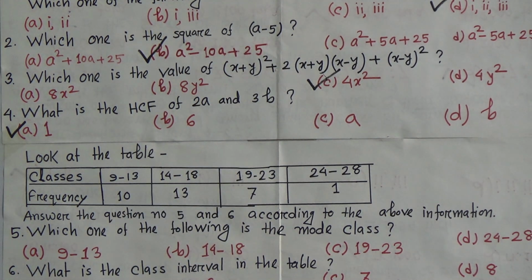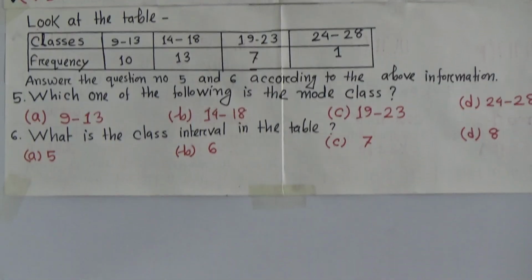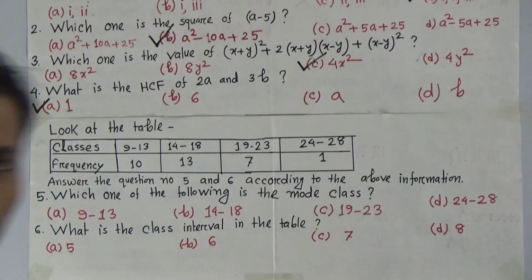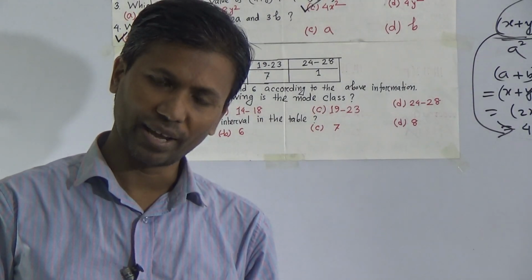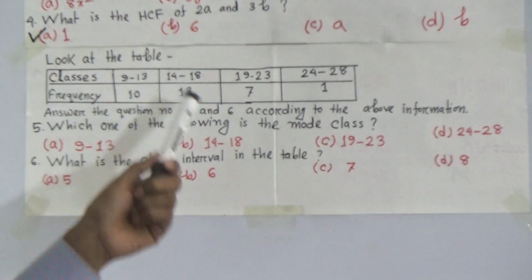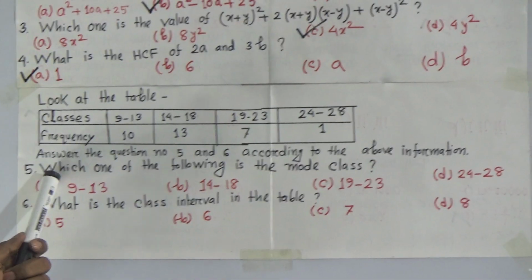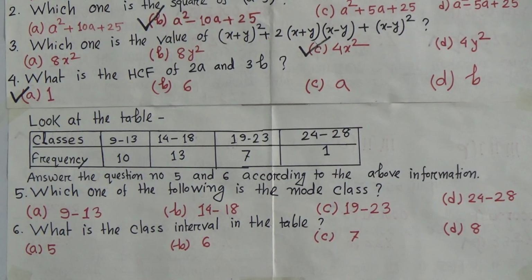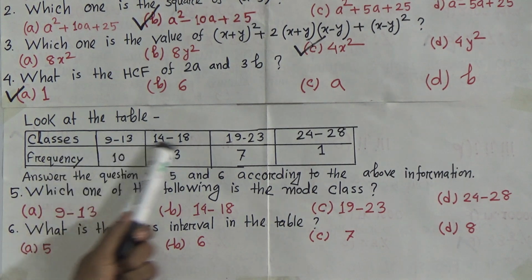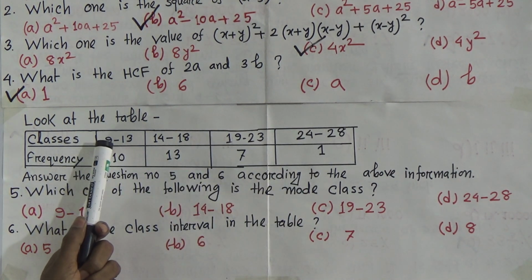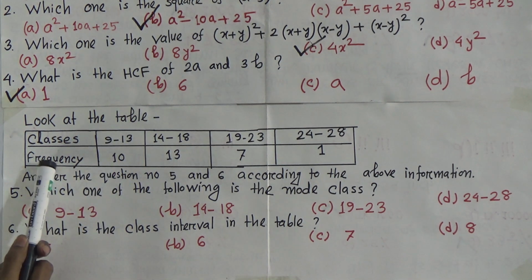Now, I will solve question number 5 and 6. Dear student, this is called a situation based question, using the stem you have to solve questions 5 and 6. Look at the table: these are the classes, that means the class interval, and this is the frequency.